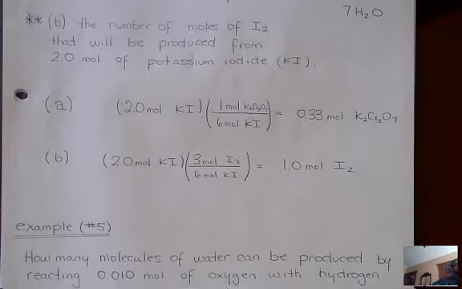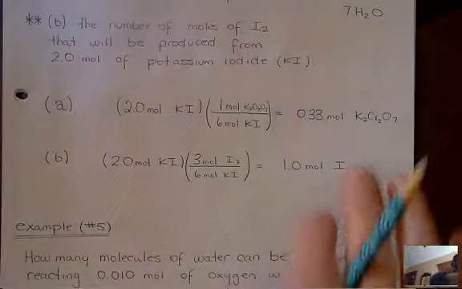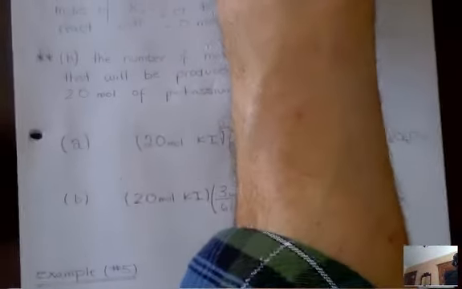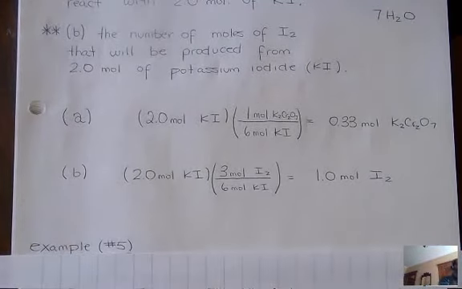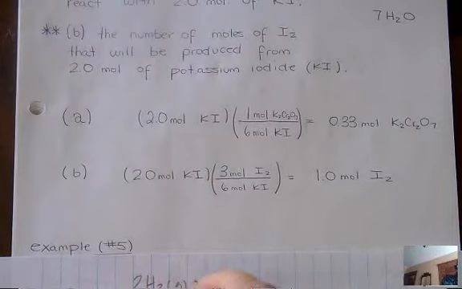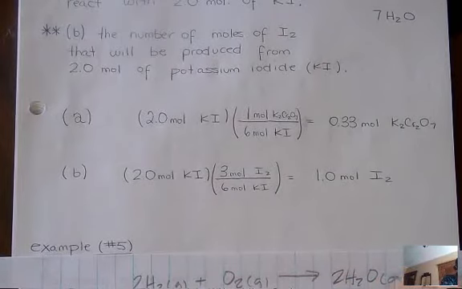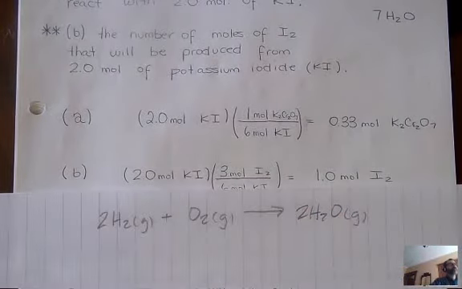How many molecules of water can be produced by reacting 0.010 moles of oxygen with hydrogen? Again, I have to give you the balanced equation. We know this balanced equation: 2H2 gas plus O2 gas reacts to make two waters. Let's do them all in the gas phase. So that's the balanced equation.